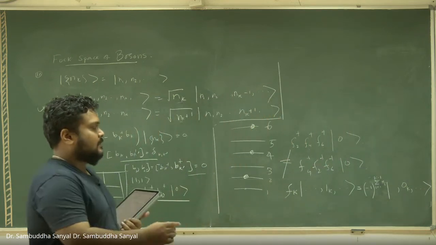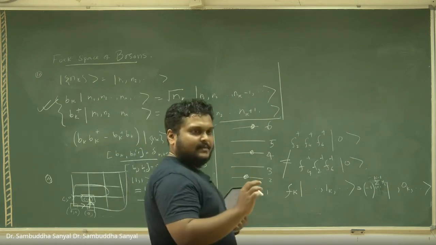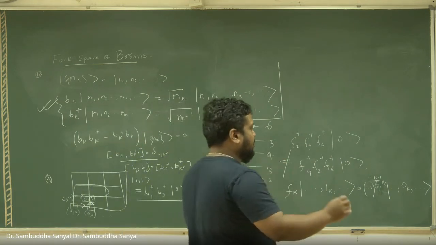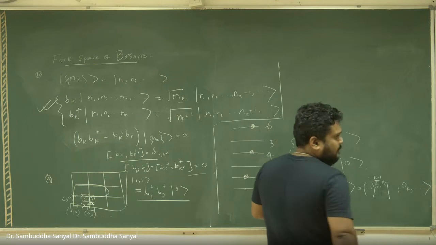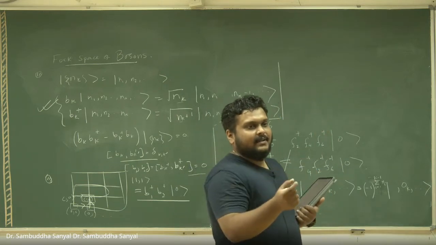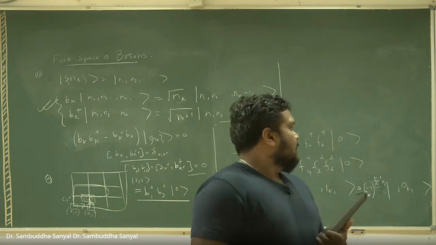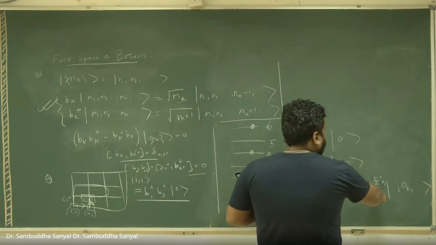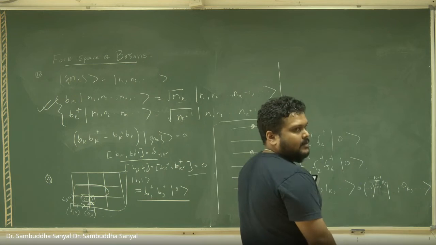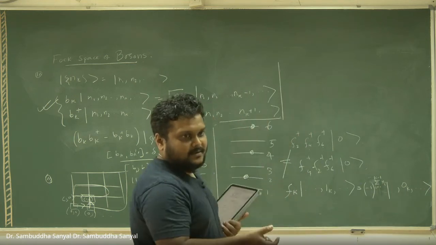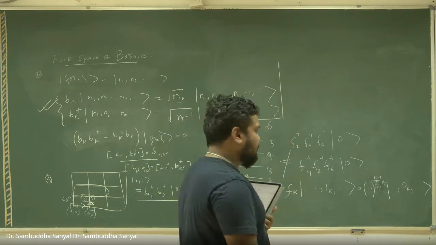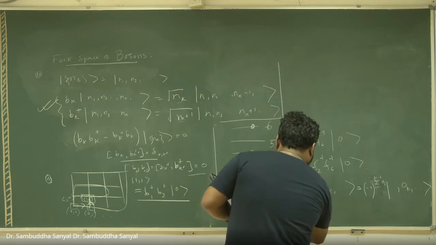So if you write the levels, there is a bit of subtlety here, but let's assume I'm writing it all from bottom to top. It will say, for all the levels that are filled below the level where you are trying to put the particle, you have to sum over all the population of those and then put a minus to the power of that factor. So similarly, Fk dagger.